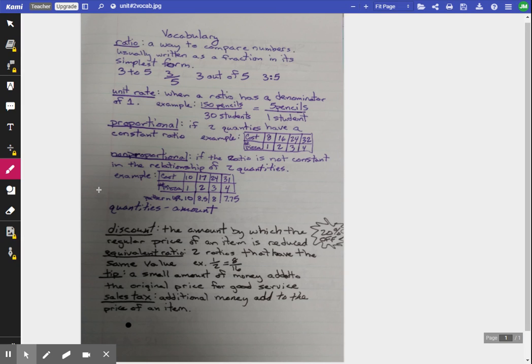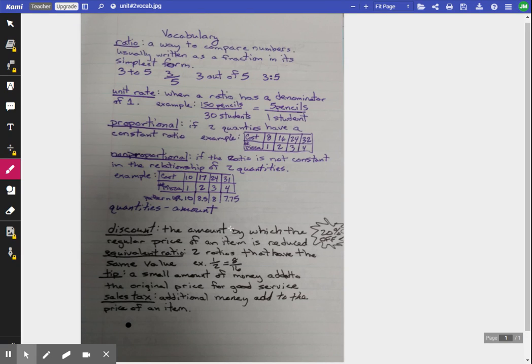If it had been proportional, I would have seen a consistent pattern of, say, $10 per pizza, $20, $30. But in this case, they're actually showing how the more pizzas you buy, the less expensive each pizza becomes. Therefore, this is a non-proportional example because you cannot just plug in one constant of proportionality and come up with this solution. We'll discuss more on that term later.